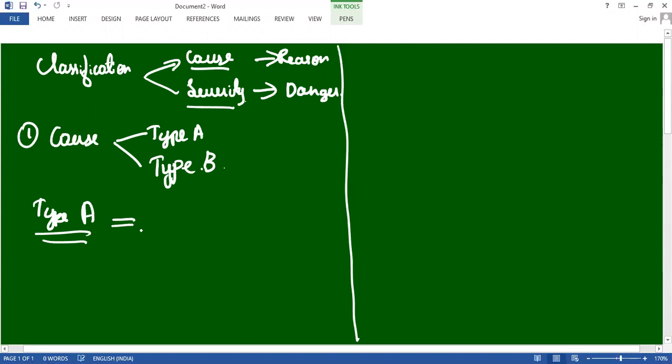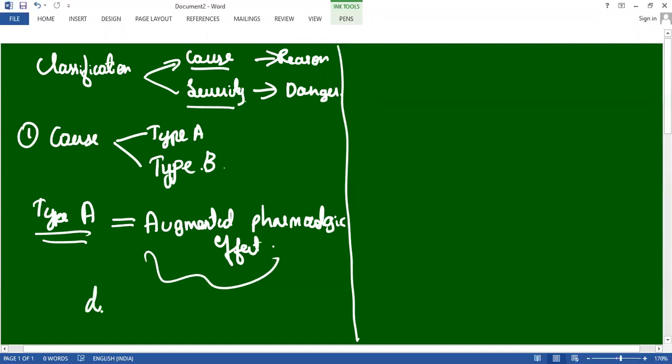Under this type A, it is described as the augmented pharmacological effect. It depends on the dose, and it is predictable. It is not unpredictable.